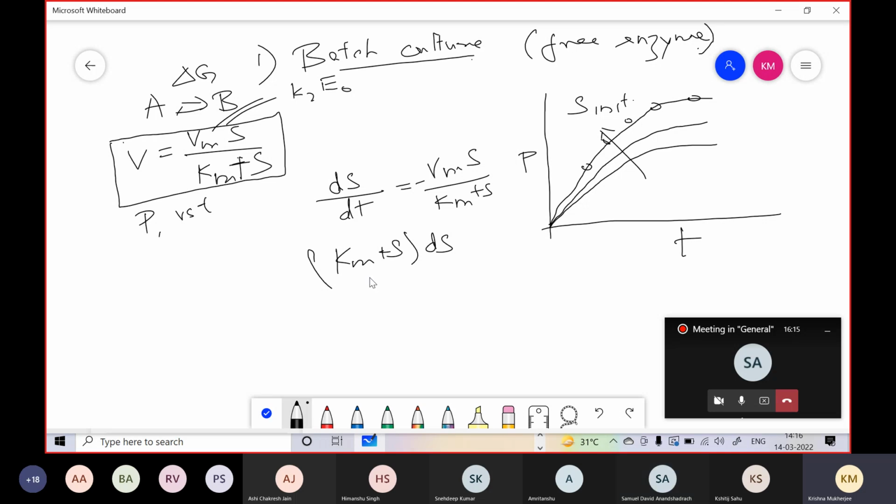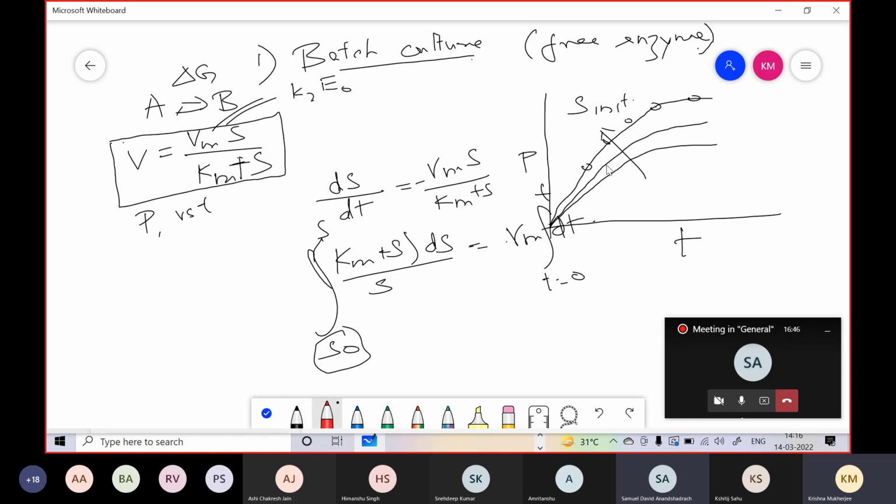The integral of that, with a minus sign of course, is equal to Vm integral dt. And this integration is rather simple, and so you have to predict P versus T graphs. And from the P versus T graphs, now you can choose data points, and you can have different starting S0. So T is equal to 0 to T is equal to T, and this is S0 to S. Now different starting S0 values, how these graphs look like.